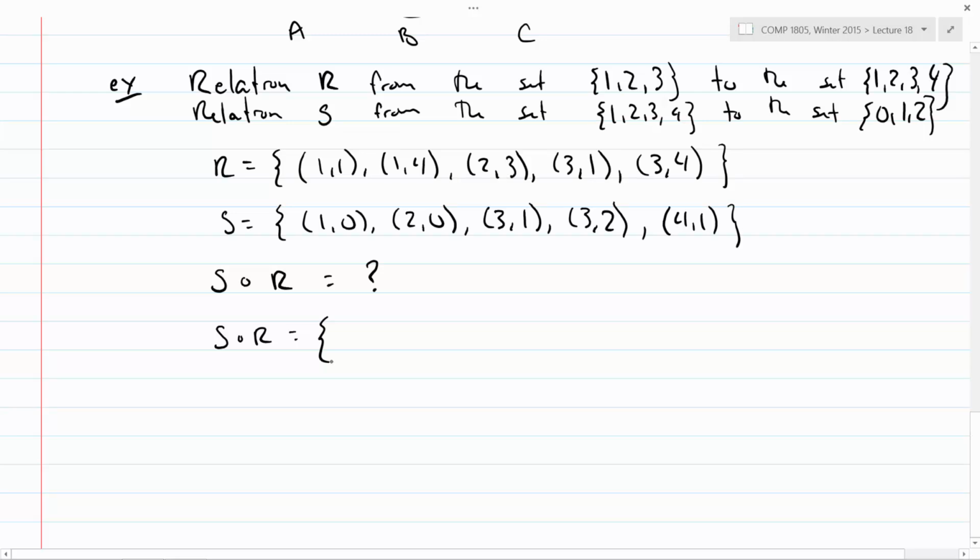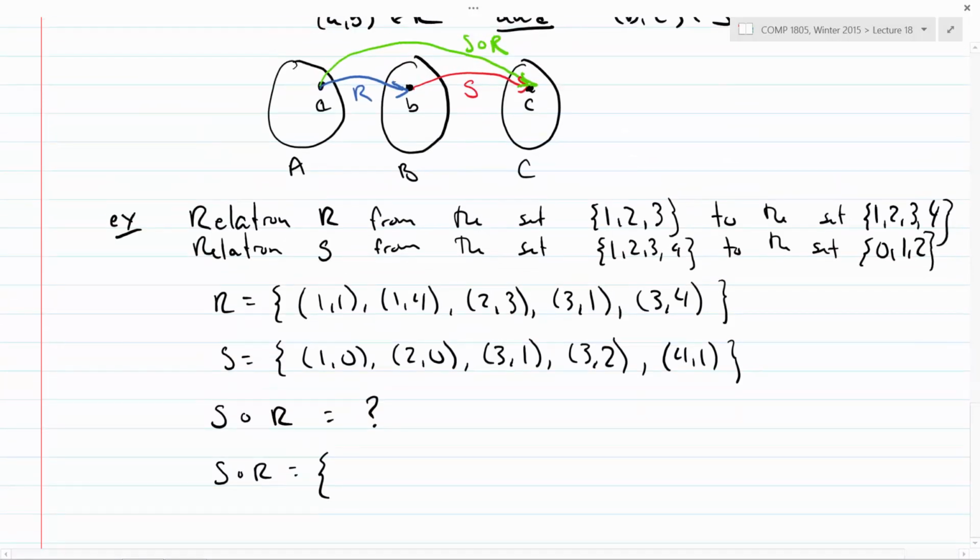So I start with where I begin from. And where do I begin from? What's the set I start in here? R. So R is the relation I start with. What set do I start with? 1, 2, 3, right? It's S follows R, so R comes first, and R starts in 1, 2, 3. R takes 1, 2, 3 to 1, 2, 3, 4.